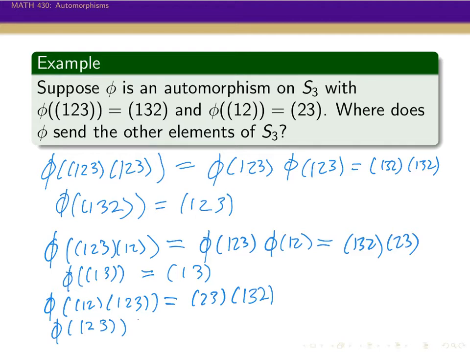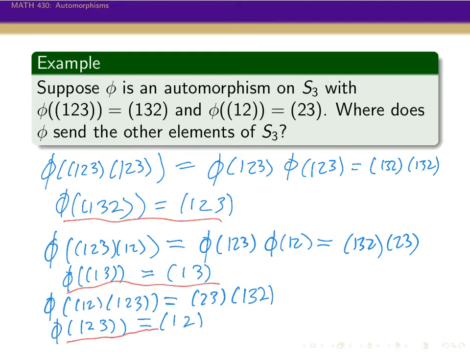On the other hand, 1 goes to 3, and 3 goes to 2, so 1 goes to 2, and then 2 goes to 1 and ends there, and 3 ends up going to itself.